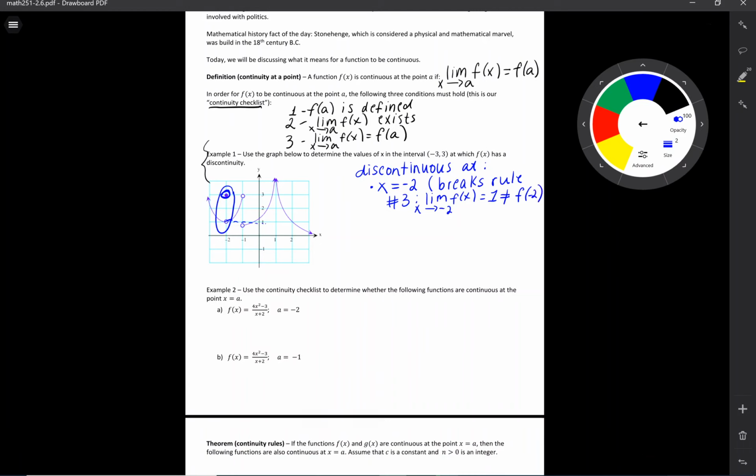Okay, let's look at the point -1. If I look at this point -1, I see that I have two empty circles there, which means that neither at this point or at this point is my function defined. So I'm also discontinuous at x equals -1.